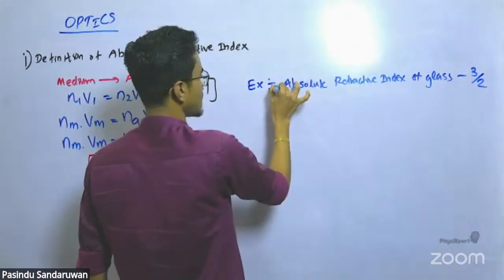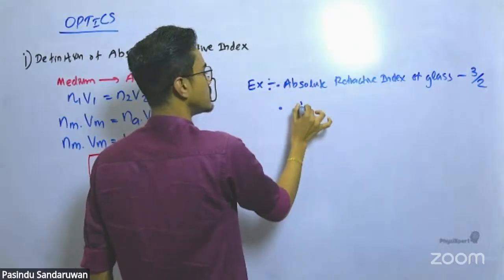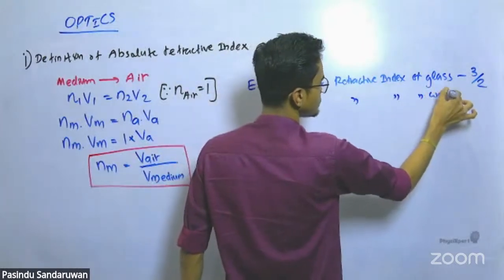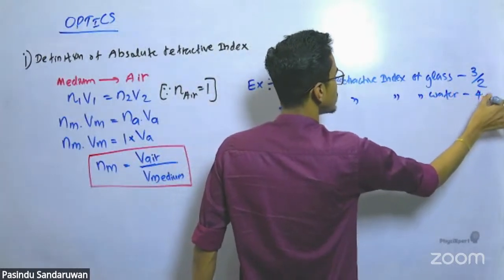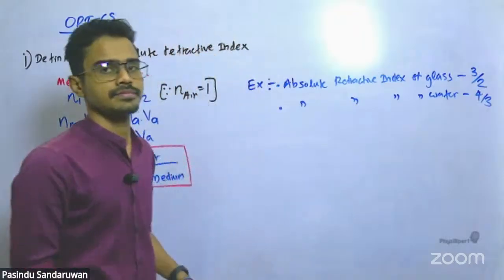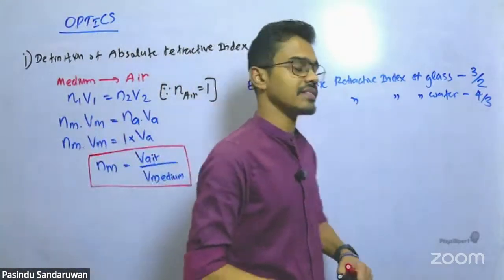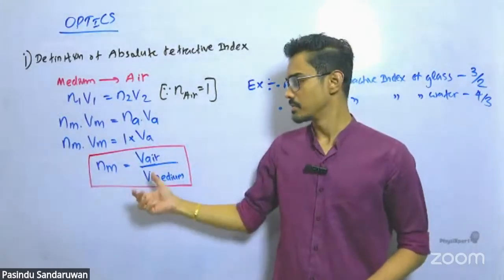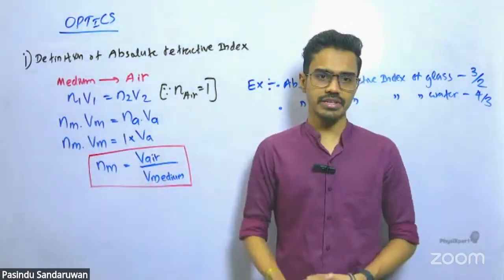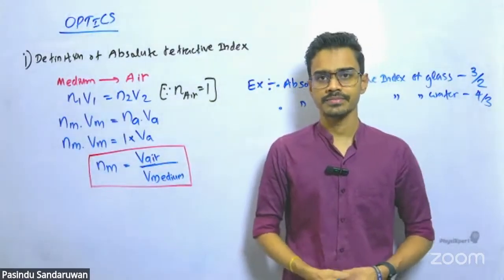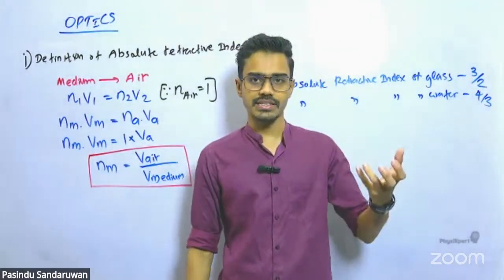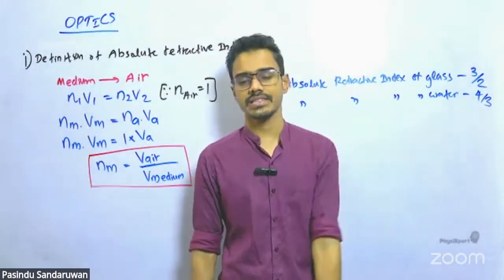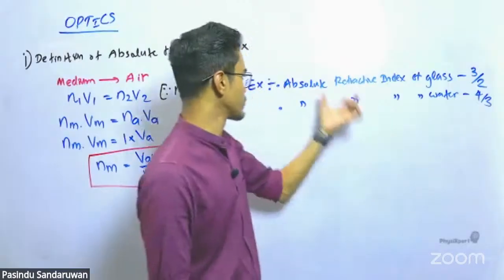And as another popular example, absolute refractive index of water is found to be 4/3. Right. Absolute refractive index values. So simply there is a ratio between velocities. Then when the velocity changes, refractive index changes. Right. Mention these two also.